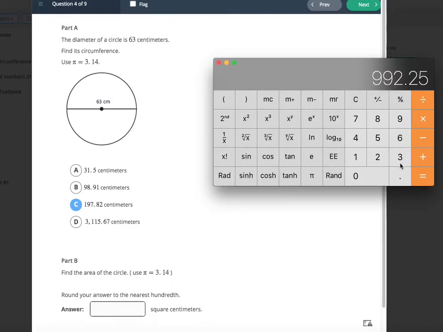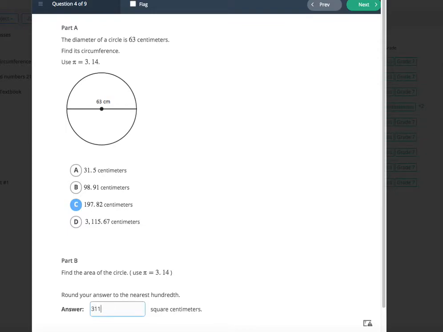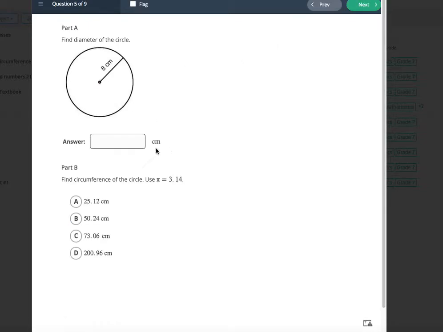It's rounding to the nearest hundredth. So 3,115.6, the second 6 is in the hundredth place. The 5 next to it tells me that 6 has to become a 7. So 3115.67. All right, moving on.